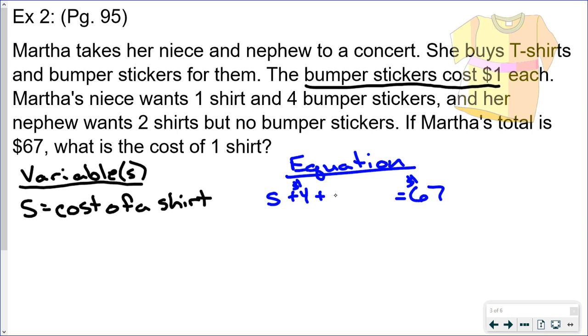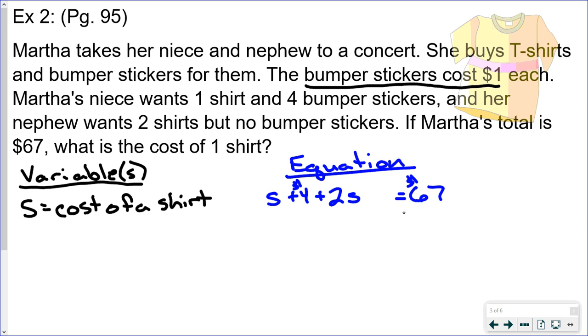Okay, so the nephew wants 2 shirts and no bumper stickers. So this is all that she bought: a shirt for her niece, plus 4 bumper stickers, plus 2 shirts for her nephew, and that total is $67. So our equation is S plus 4 plus 2S equals 67.